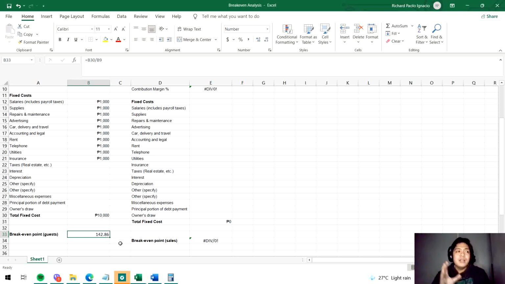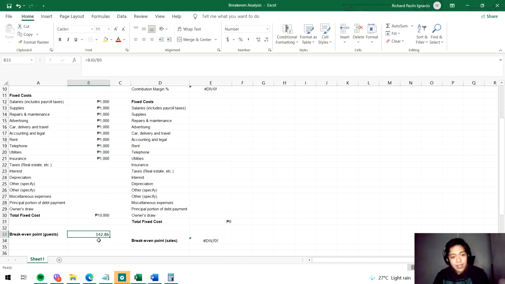It means, pag meron tayong mga na-serve na guests, 143 and up, ibig sabihin, kumita tayo. Pag ang number of guests lang na na-serve natin is 143 below, ibig sabihin, nalugi tayo. So, yun yung break-even point per guests natin. We have to identify this para malaman natin kung tayo ba ay kumikita o hindi sa ating business.